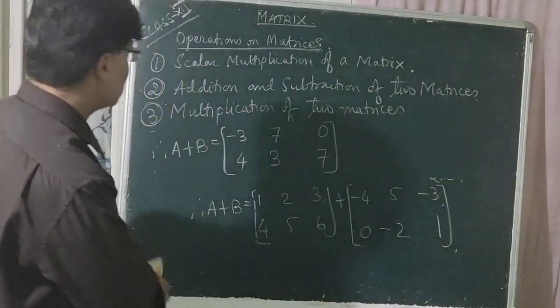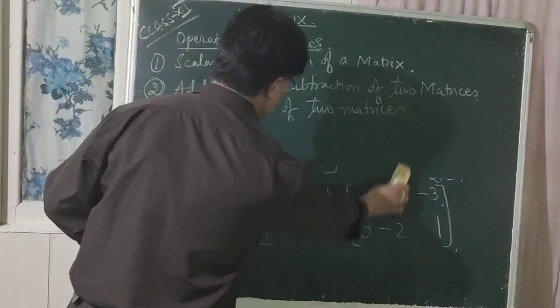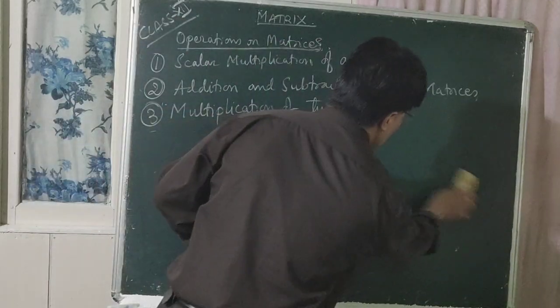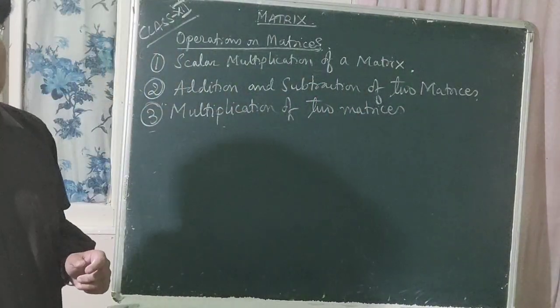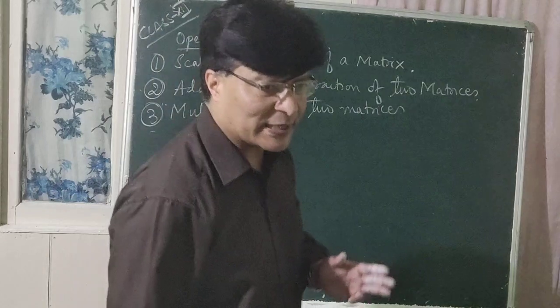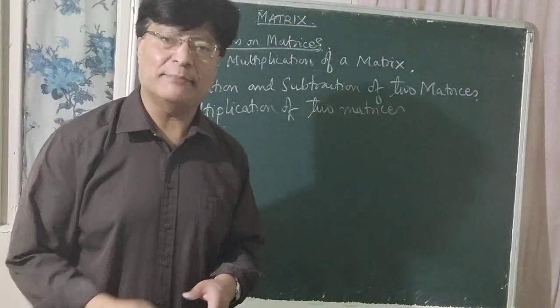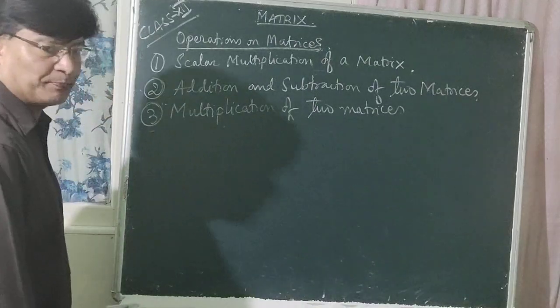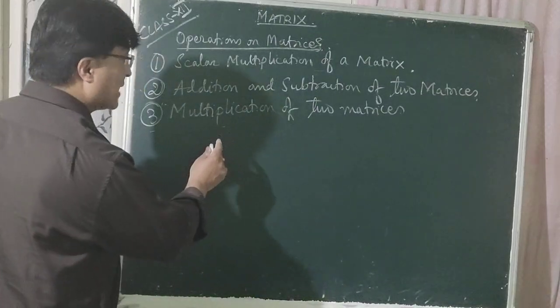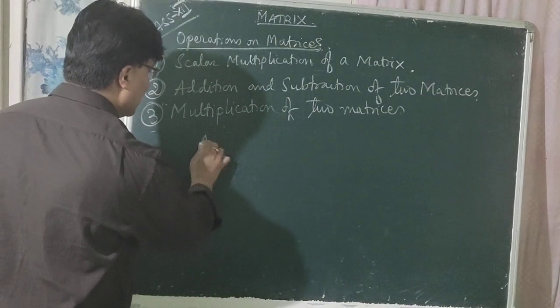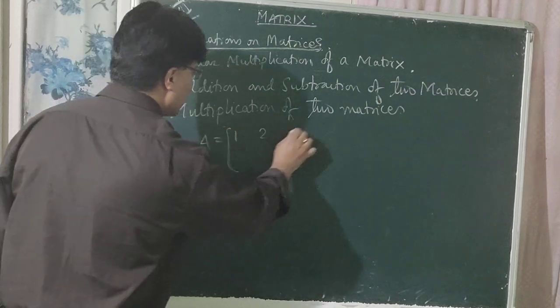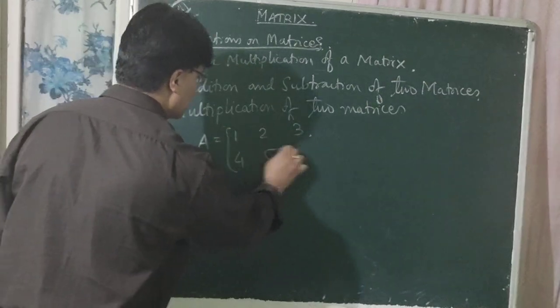Okay. So let us discuss the subtraction of two matrices. Similarly, the subtraction of two matrices is possible if both the matrices have the same order here also. Okay. So now in this case, suppose A is equal to 1, 2, 3, 4, 5, 6.